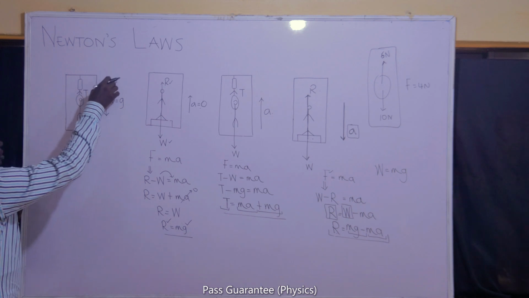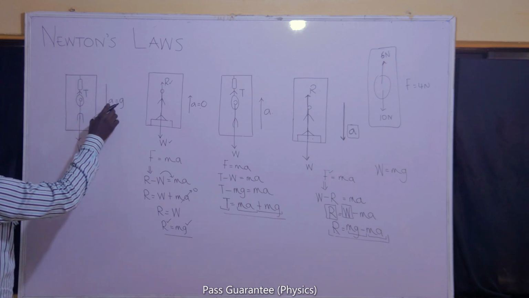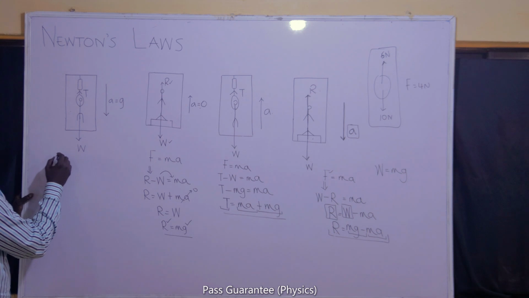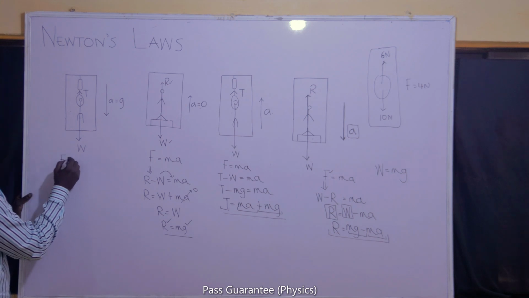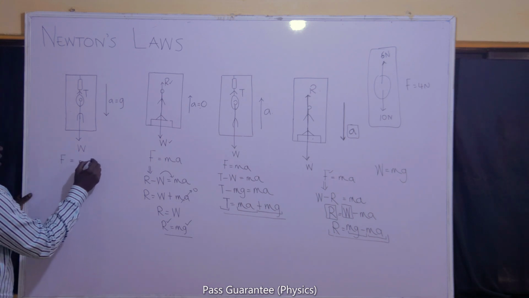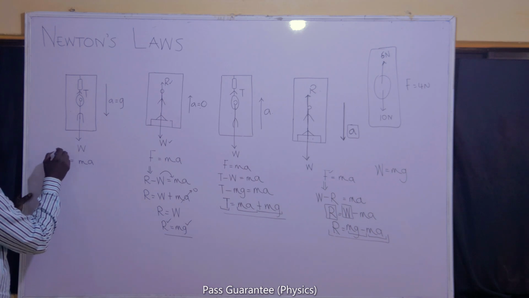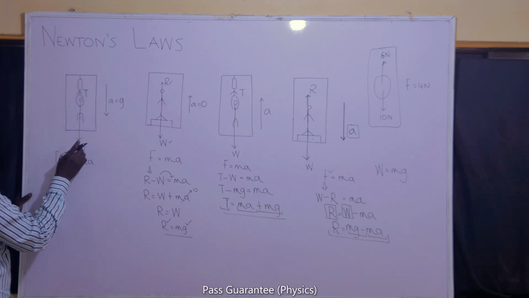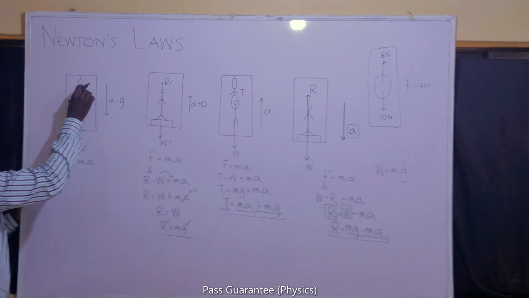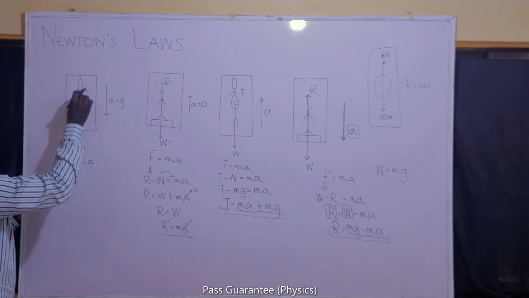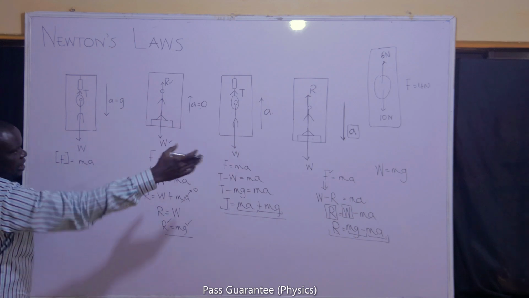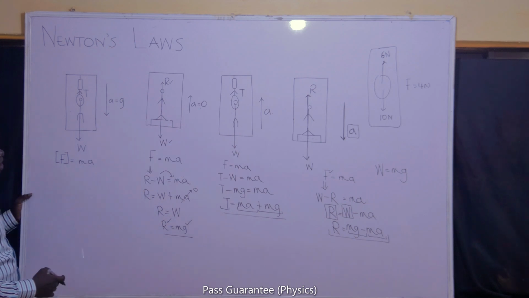Let us assume that the object is going down with an acceleration that is equal to the acceleration due to gravity. We will say that F is equal to MA. My F here, as always, will be the resultant of the two forces on it. Because it's going down, we expect W to be larger than T. So that will be W minus T. If it were going up, it will be T minus W, as in the case for others that I've done.